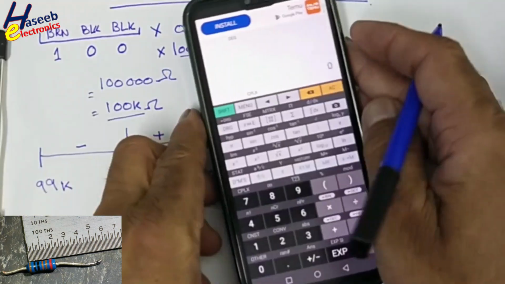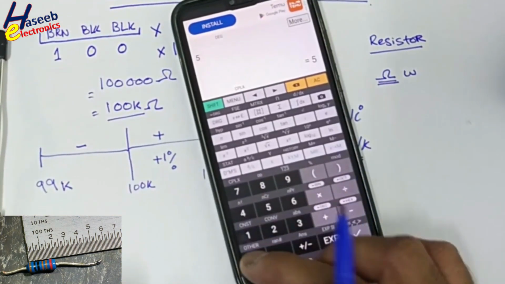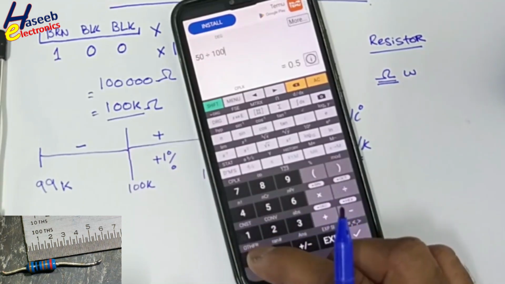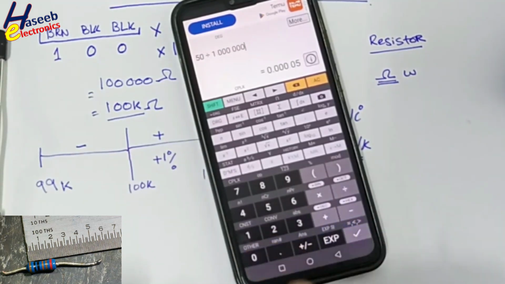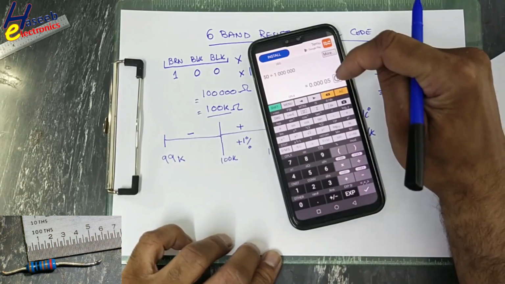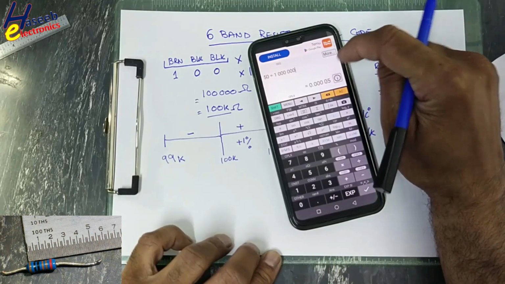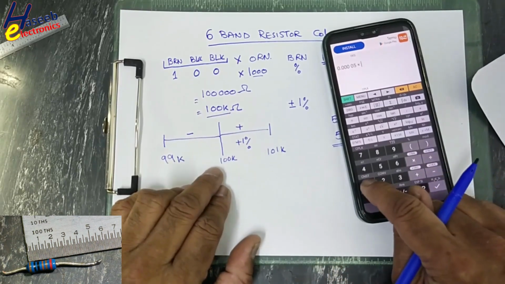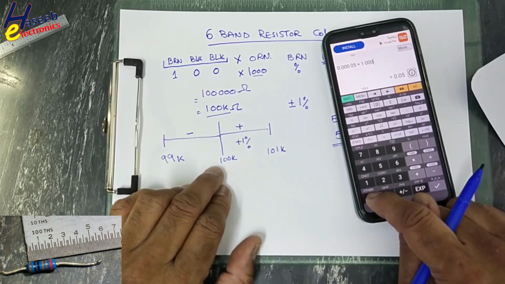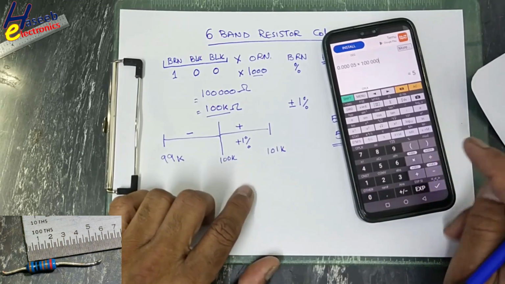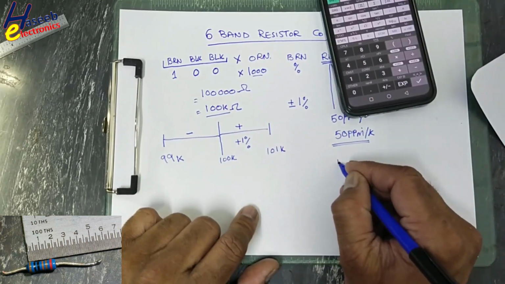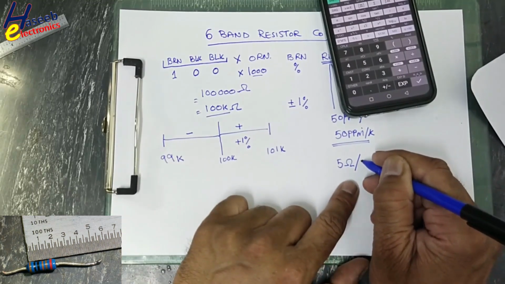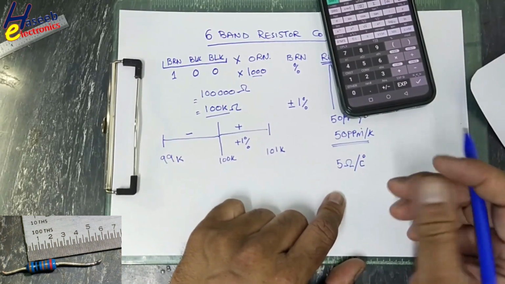50 ppm means 50 parts per million. 1, 2, 3, 4, 5, 6 zeros, so 0.00005. That is for 1 ohm. Now we multiply with 100K, and we get 5 ohm. 5 ohm change per degree Celsius or per Kelvin.